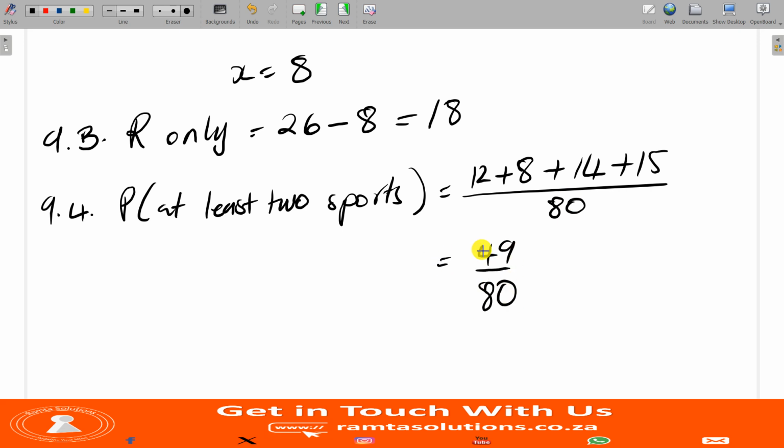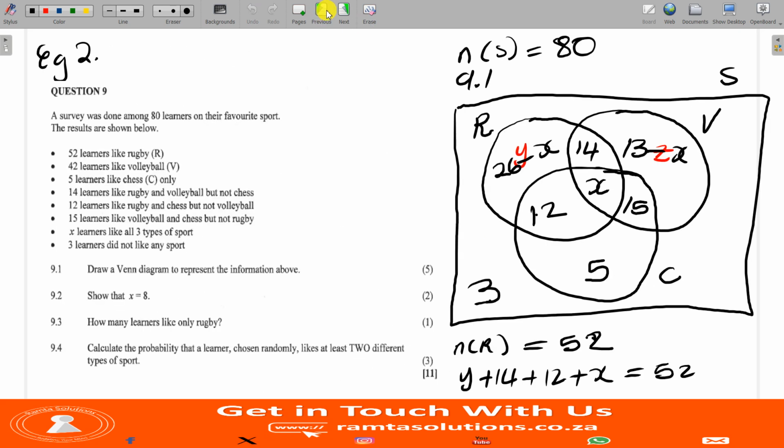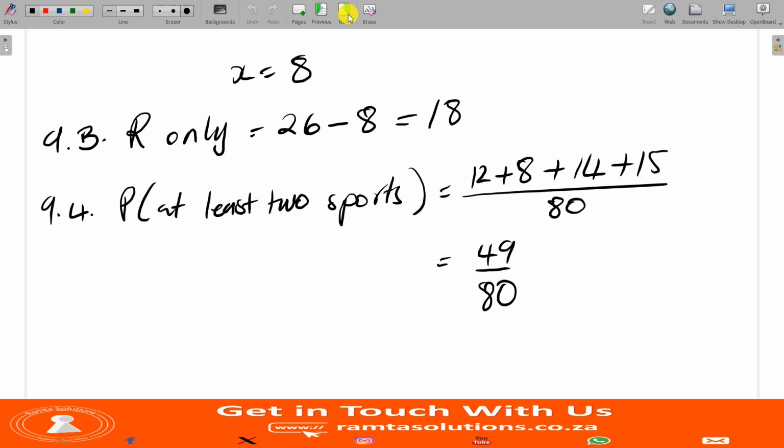So this is the probability that a learner chosen at random likes at least 2 sports. Okay, so this is it, guys. This is your Venn diagrams for grade 11. Right, so with that being said, ours ends here.